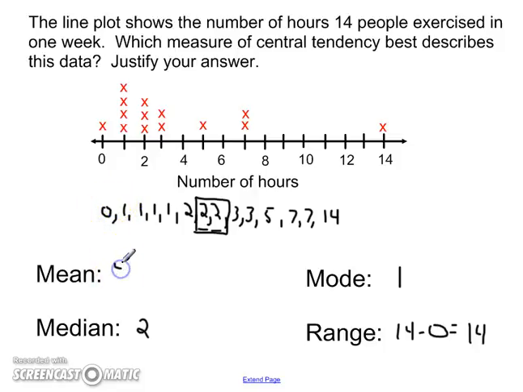So I have a sum of 49 divided by 14 people. Now 49 divided by 14 is 3.5. So the average in this particular case, the mean, is 3.5.